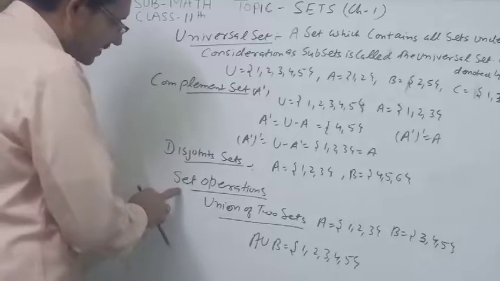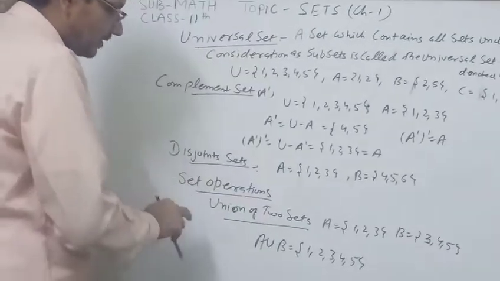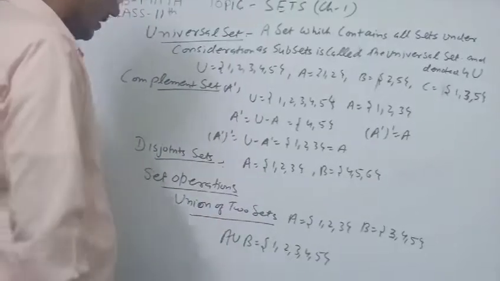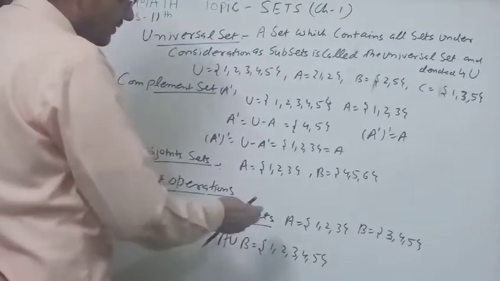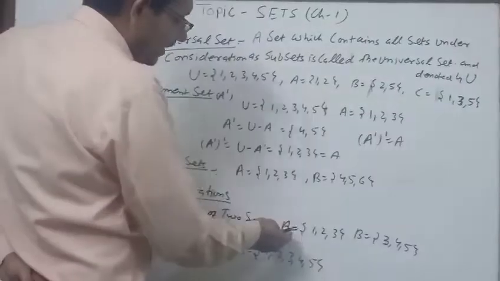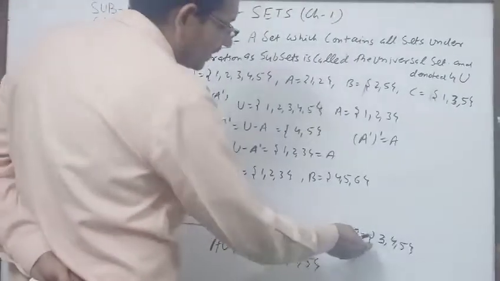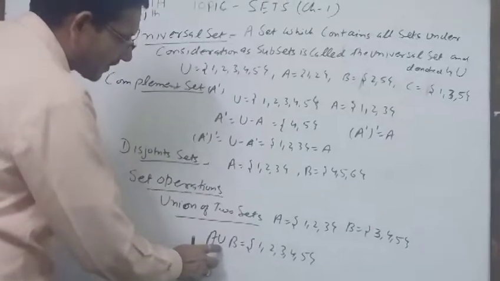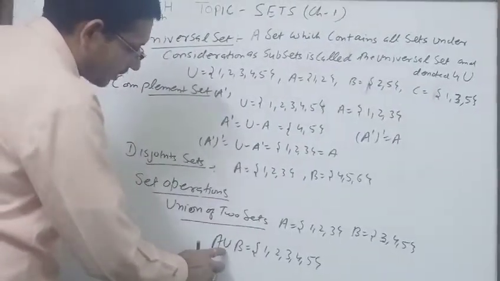Next, set operations. Union of two sets. Union means addition, right? A is a set 1 2 3 and B is another set 3 4 5, right? Then A union B. Union is denoted by this symbol.